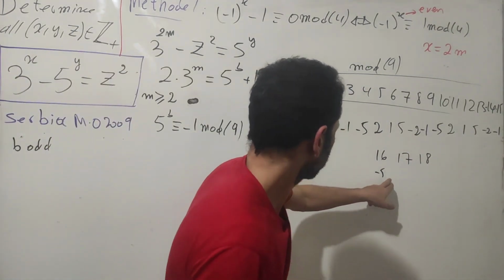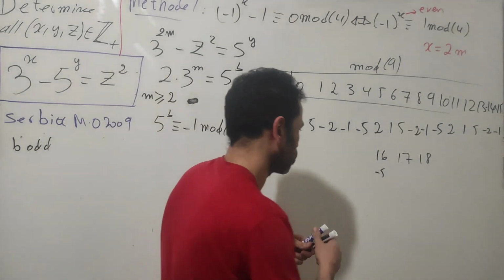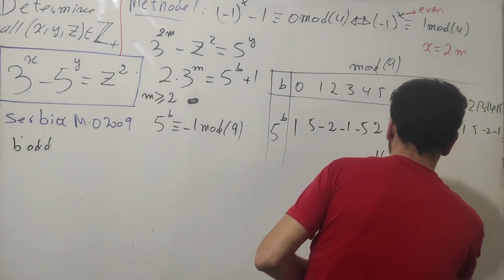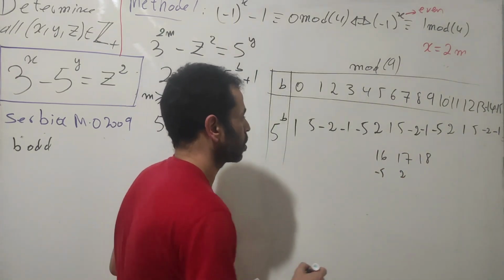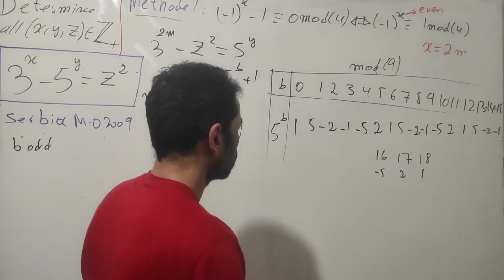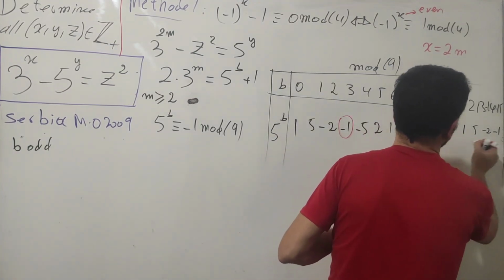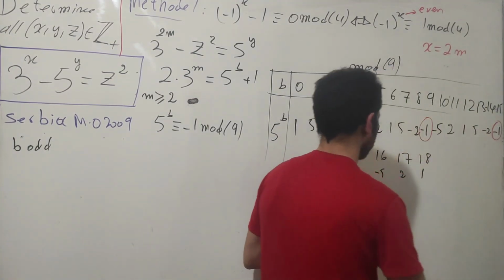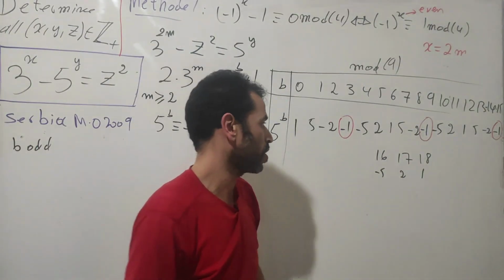For the next value, minus 5 multiplied by 5 is minus 25. Minus 25, I get a remainder 2, because 27 minus 25. 2 multiplied by 5 is 10, so we get a remainder 1. We still do not have minus 1 yet, so let's add another 3 values.